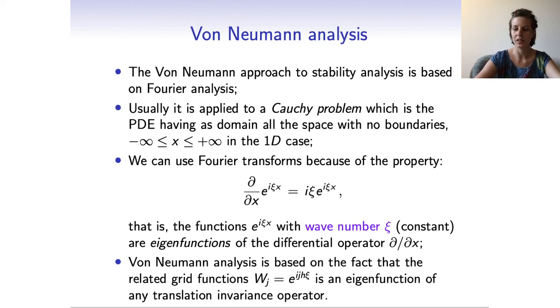restricted its absolute value to be smaller than 1. So it depends on knowing how the eigenvalues of this matrix look like. Here is a more general approach. The von Neumann approach is based on the Fourier analysis, and usually it is applied to a Cauchy problem.